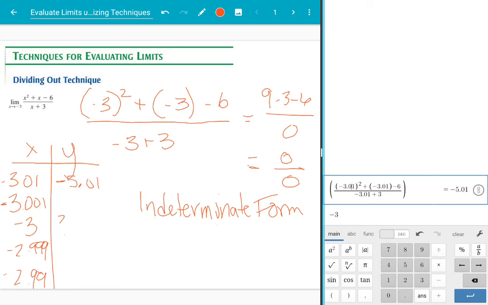If I add another 0 in there as we get closer to -3, I'm going to get -5.001. Okay, on the other side, approaching it from the right hand side, we're going to go -2.999.